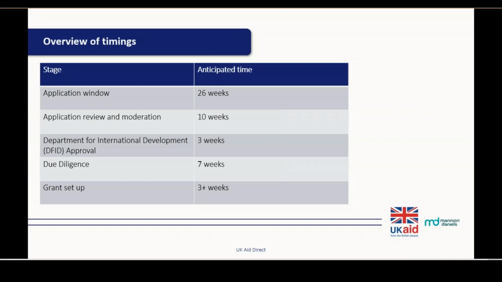They will start working with you on the grant setup, and that takes anywhere from 3 weeks onwards. Sometimes it can take longer. Sometimes grant holders decide that it's not feasible for the project to start for another few months. So you'll have those discussions with your performance and risk manager if you are successful.